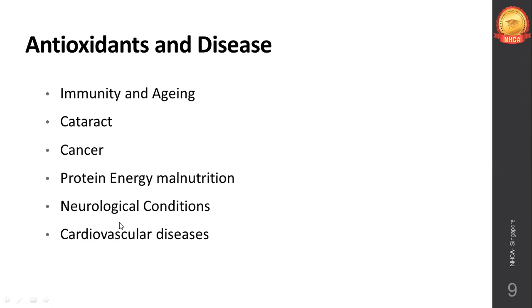In cardiovascular diseases, high cholesterol levels can also lead to free radical damage. So antioxidant enzymes, specifically superoxide dismutase, which is made in your own body, and other enzymes like catalase and glutathione peroxidase, if these enzymes are present at normal levels in your body, cardiovascular diseases can be prevented.